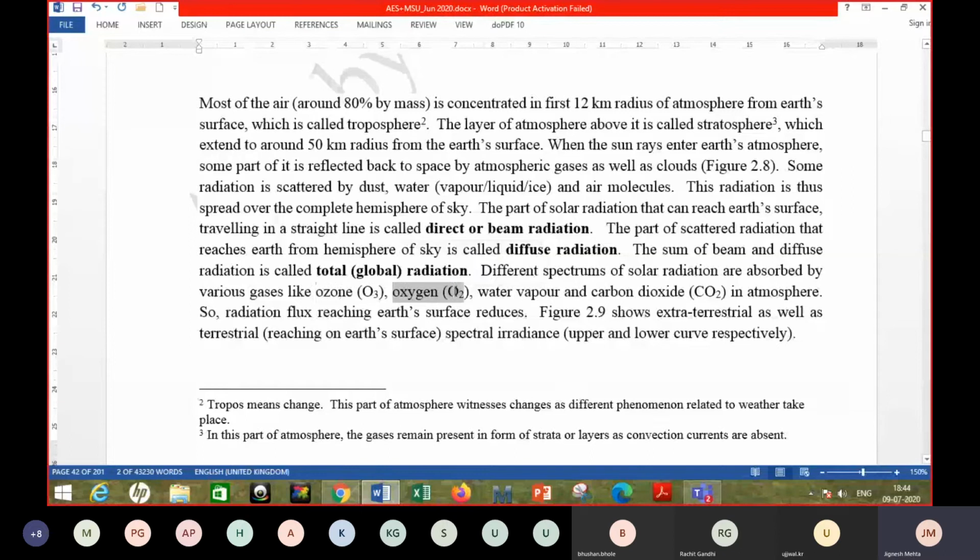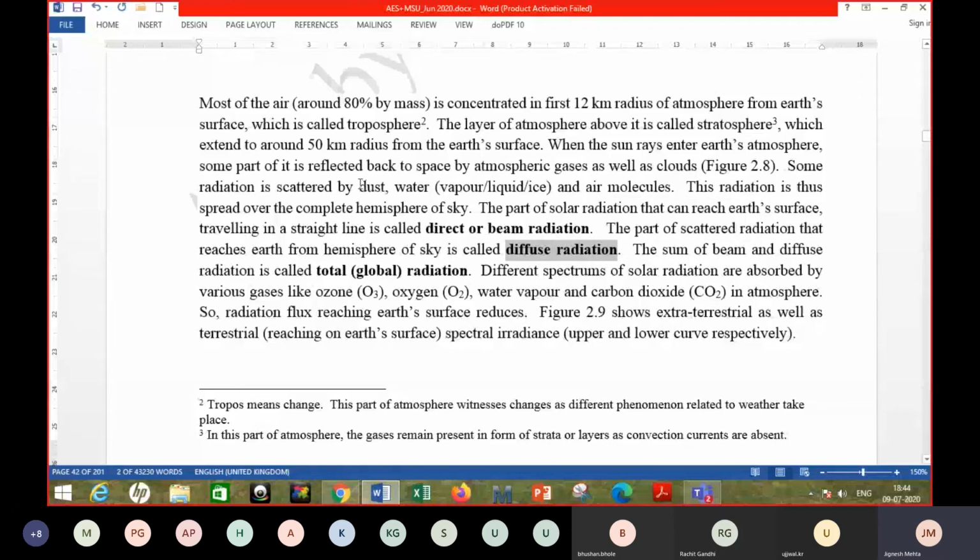Then oxygen, water vapor, as well as carbon dioxide also absorb solar radiation in different spectrums, right? They have a preference for a specific spectrum. They will absorb in that, but then they will also release a part of it, and it may come back to the surface of the Earth in the form of diffuse radiation, right?